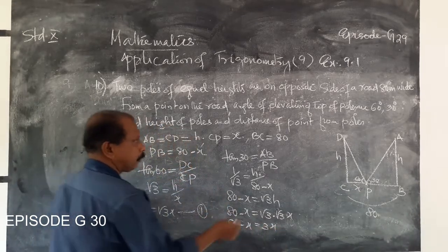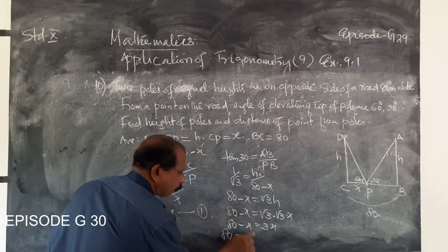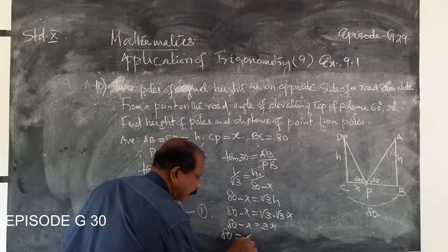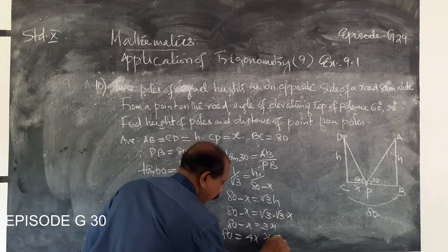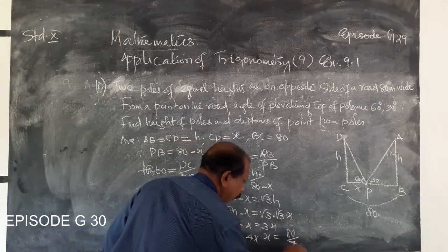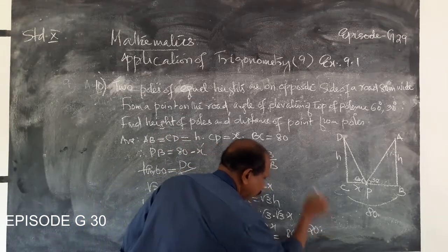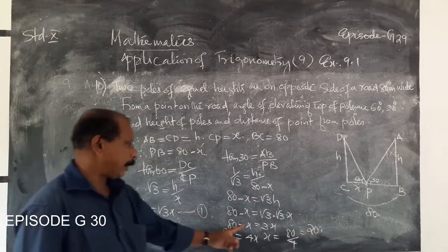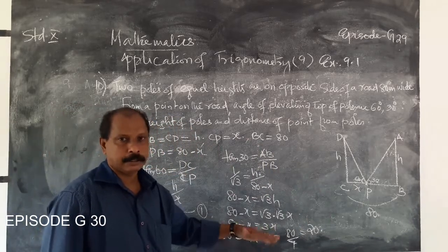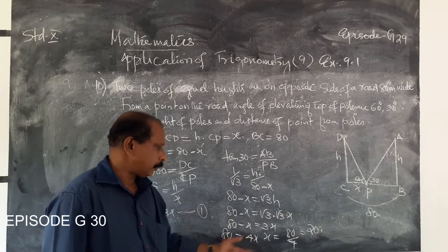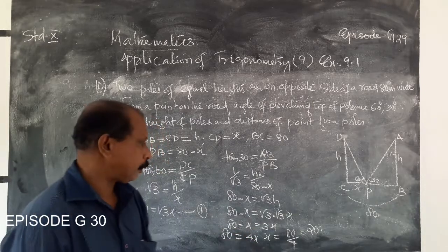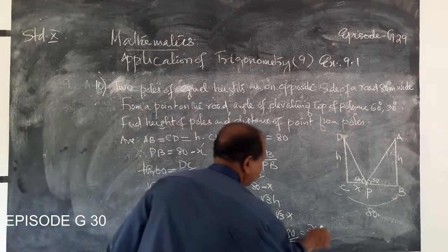Shifting minus x to the right, 80 is equal to 3x plus x, that is 4x. Therefore, x is equal to 80 by 4, that is 20 meter.